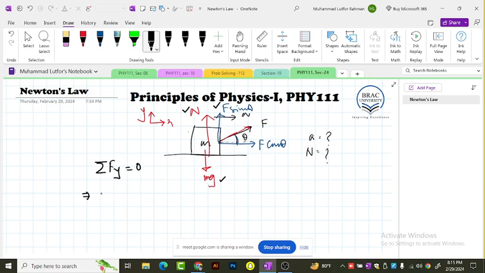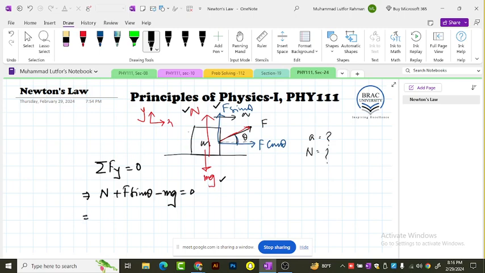Then I write N plus F sin theta minus mg equal to 0. N is towards the positive y direction, that's why it has the positive sign, and F sin theta is also towards the positive y direction, so I also use the positive sign. But mg is towards the negative y direction, so I write the minus sign there.